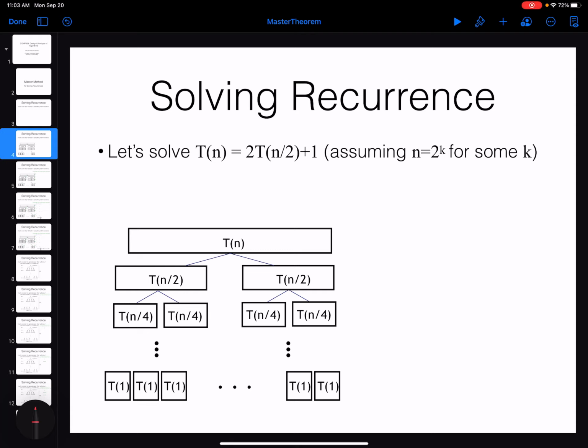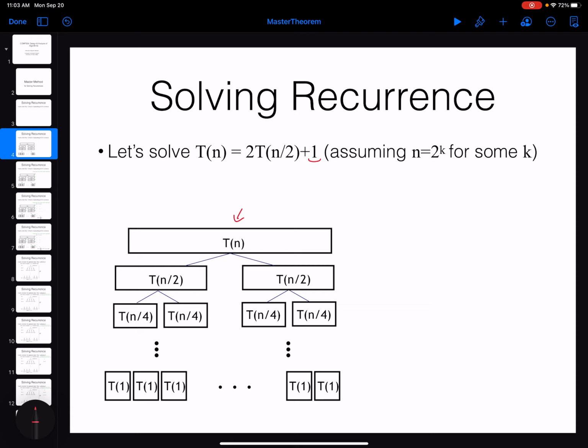You can see this tree shows that each T of n is going to be 2T of n divided by 2 plus some additional cost 1, right? So in the tree, we will see all the terms of T of n. And this tree, at each level, will grow.